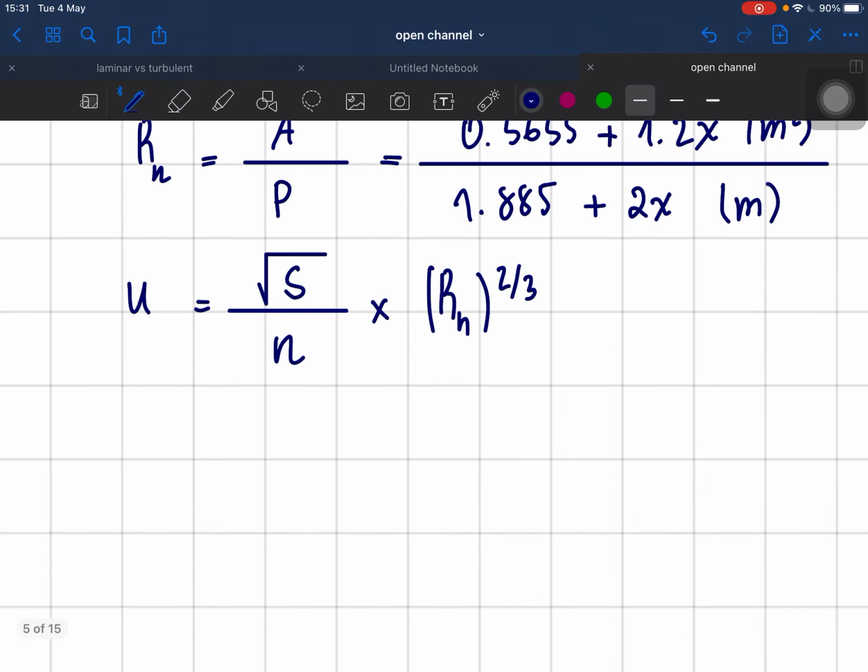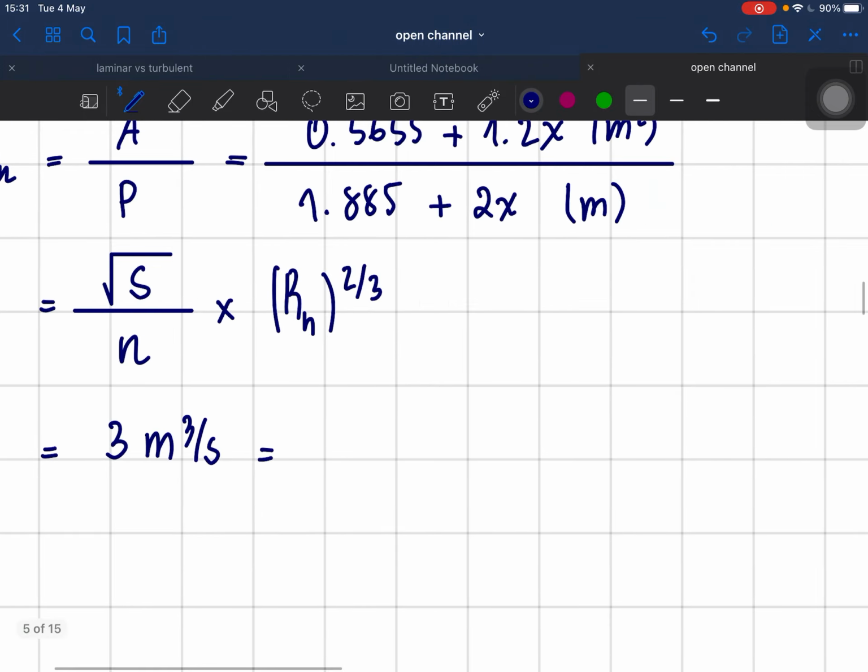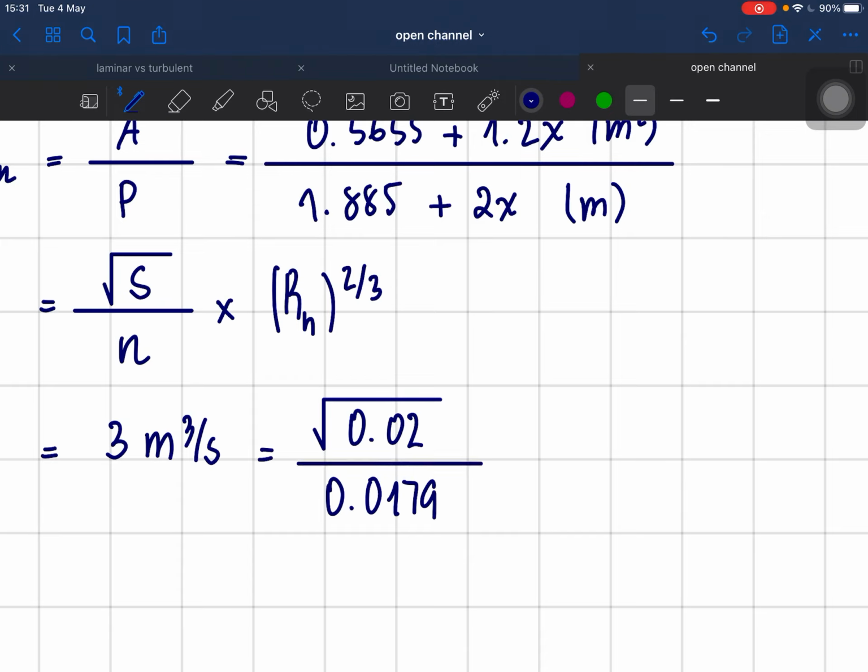Okay, so then the Q equals to 3 cubic meter per second equals to square root of, please tell me how to write it without getting a parabola here, 0.02 over n, 0.0179. Yeah. The units are too long, so I don't want to substitute the unit here.